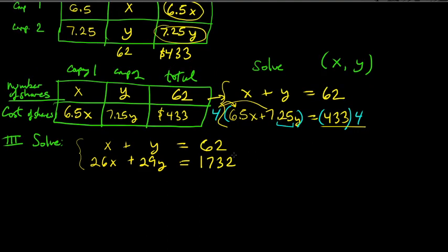And now we can eliminate x, or we can eliminate y. I think x is pretty easy. We just need a negative 26 times x. So negative 26 times y, and then negative 26 times 62.